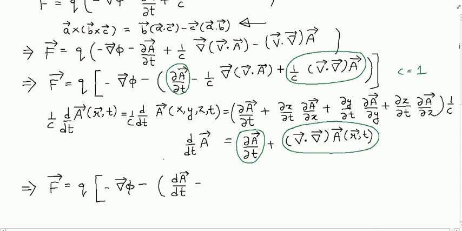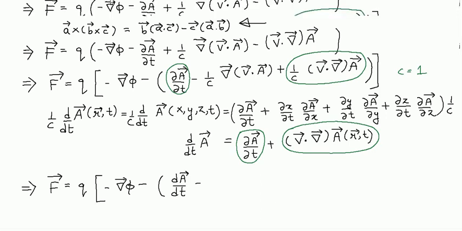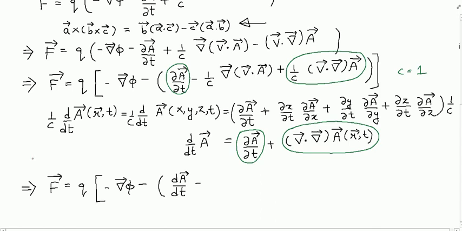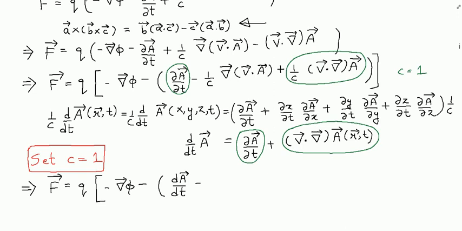We can set c equals to 1. Let us not bother where the c goes. So let me set at this moment c equals 1. It would have been better if I had worked with c equals 1 from the very beginning, but to not trouble myself and also you, I'm going to set c equals 1. So I get dA by dt, and I'm going to get minus del v dot A.